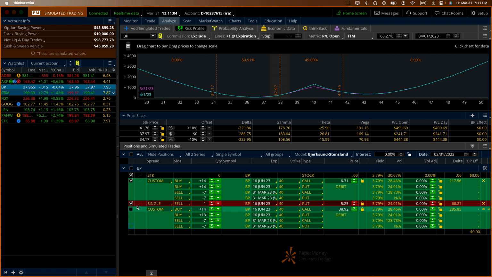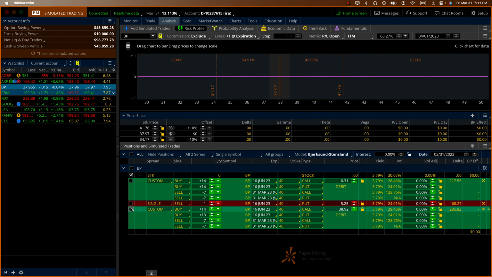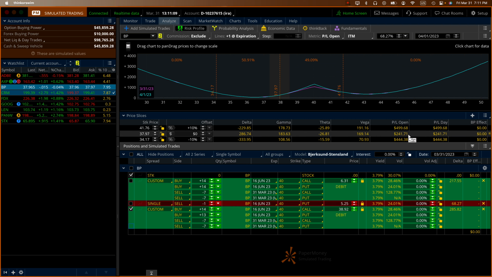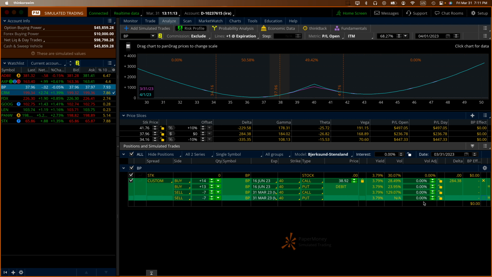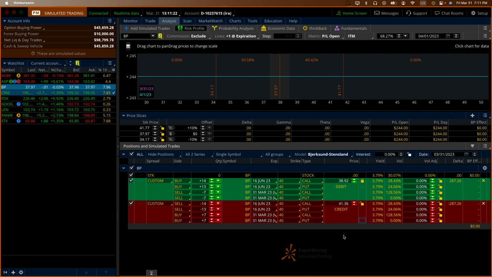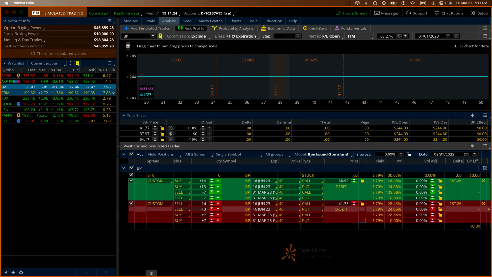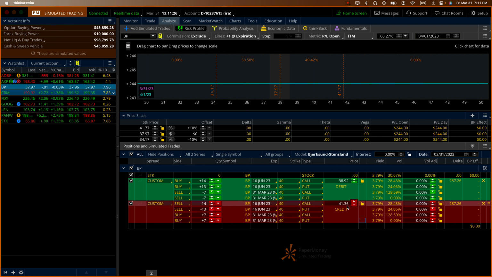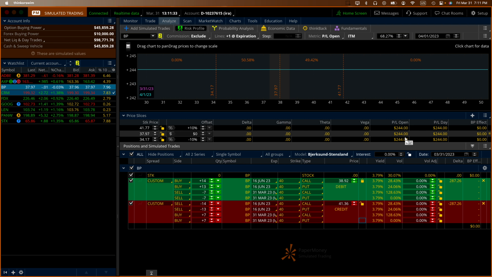That should be identical to the combination that I just did, $241.72. So then I can say goodbye to all that. This is my new trade, my new simulation, adjusted trade. And then I can say analyze the opposite to see my result. If I were to sell, I would get $41.36 as opposed to the $38.92 that I invested, for a profit of $244.